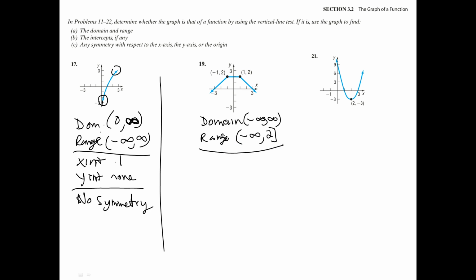That's the highest Y value that you get. Intercepts, there are 2 X-intercepts at -3 and 3. There is a Y-intercept at 2. Symmetry, we have Y-axis symmetry. It's a mirror image across the Y-axis.